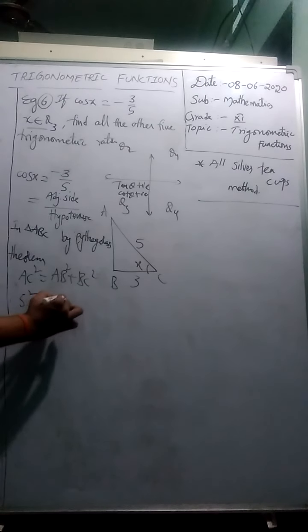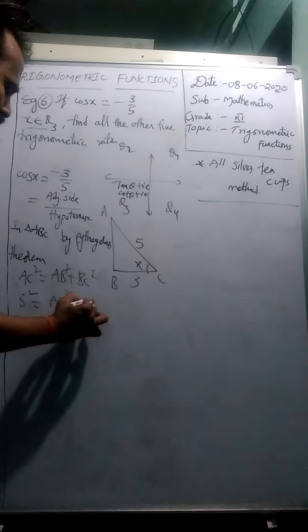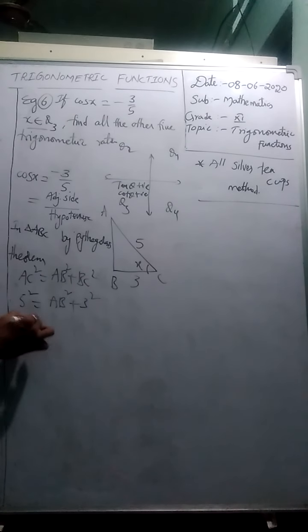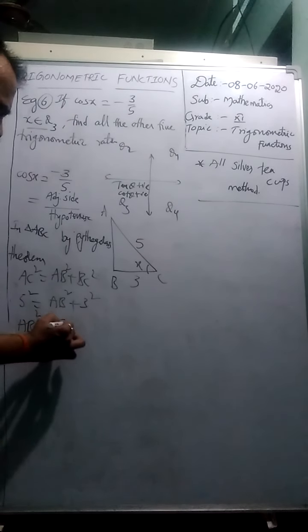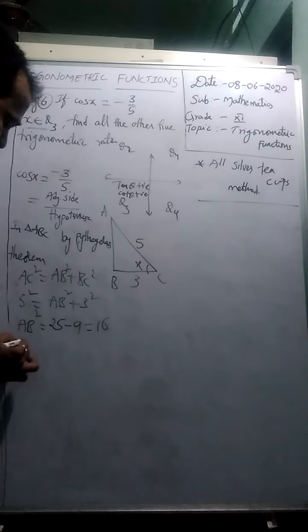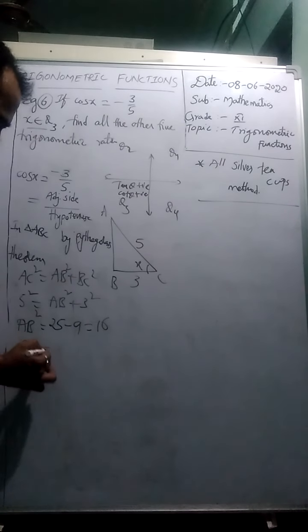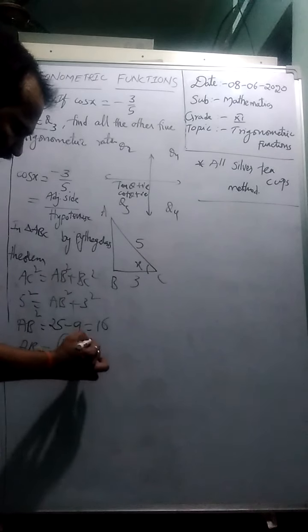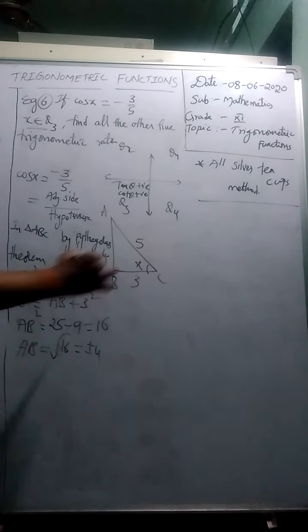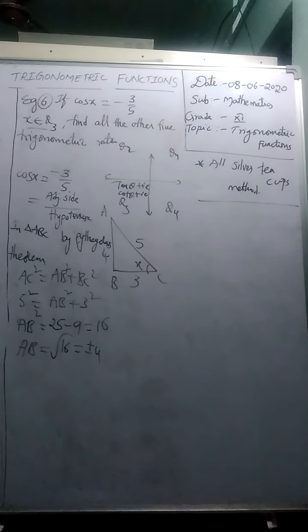So here AB square is the side opposite to x, which is not given in the problem, so we can apply it like this. You have learned this in 9th and 10th class, previous classes. So root 16 is plus or minus, but we will take only 4 because length is never negative.